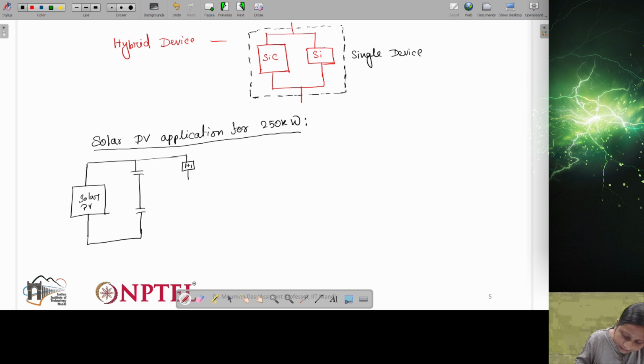So I am writing here H1, H2, H3 and H4. Okay, now there will be three legs similar to that.